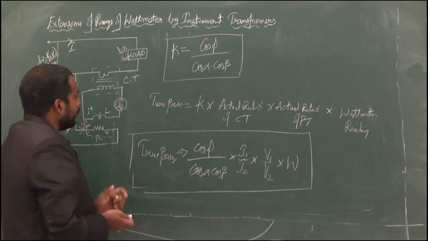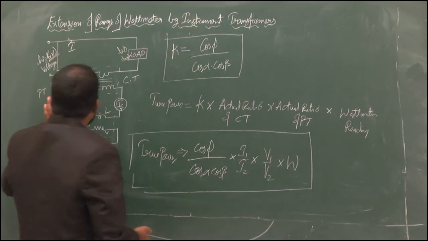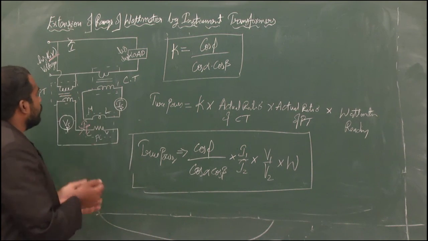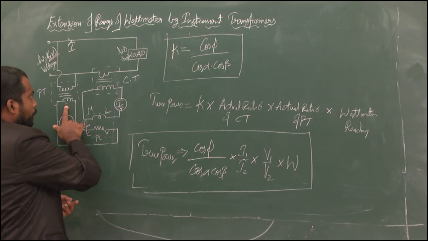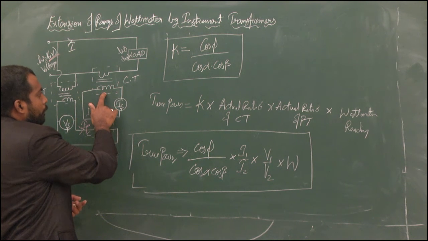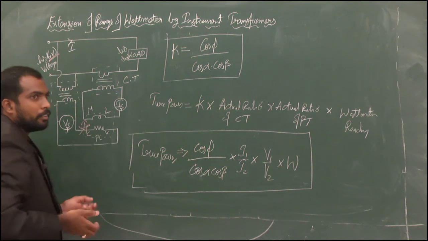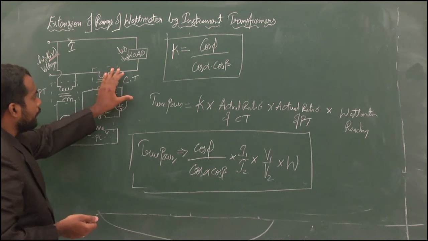Again I am saying these errors, the errors due to current transformer and errors due to potential transformer, are mainly caused due to voltage drop in the case of the potential transformer and due to the magnetizing current component in the case of the current transformer. That is the main reason we are compensating the errors caused due to CT and PT, right?